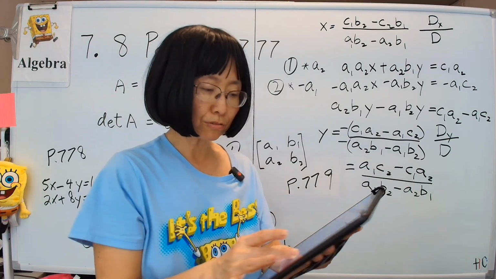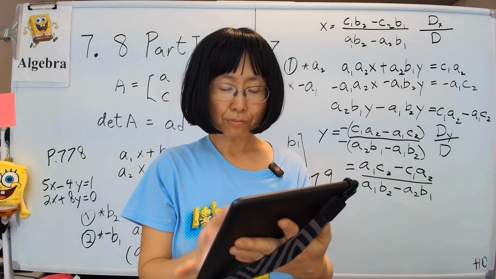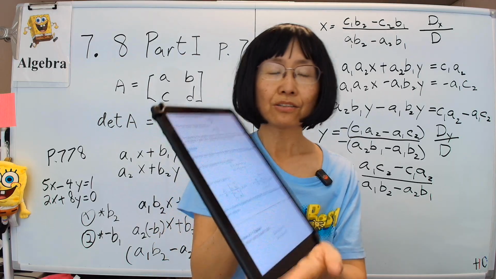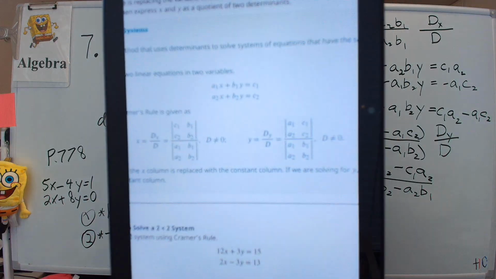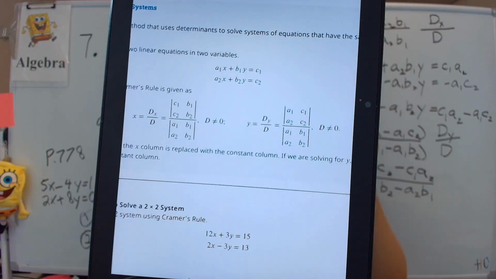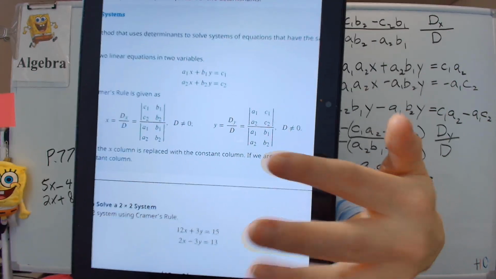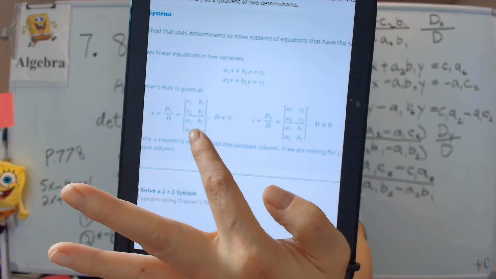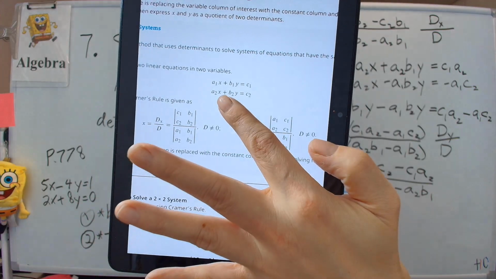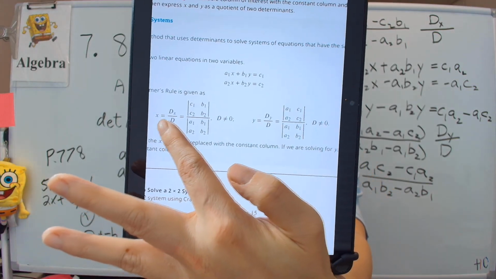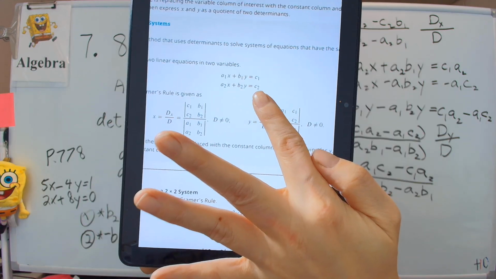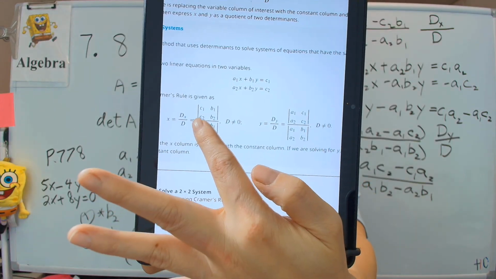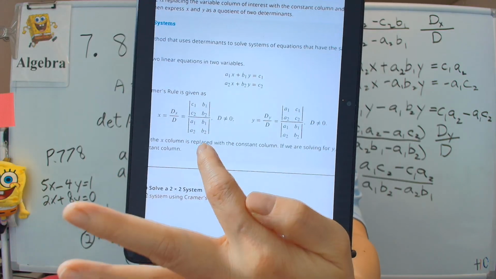Now, remember the way to calculate. So basically what happens is this. To follow Cramer's rule, now listen to this very carefully. To follow Cramer's rule, you put the determinant on the bottom. That's the determinant. And then on top, to calculate x, you replace the coefficient of x with C. See, it used to be A here, right?